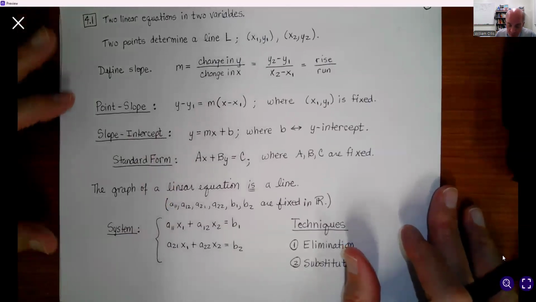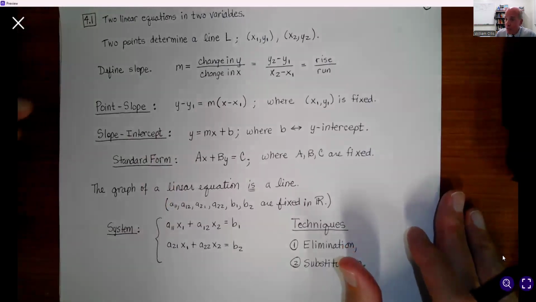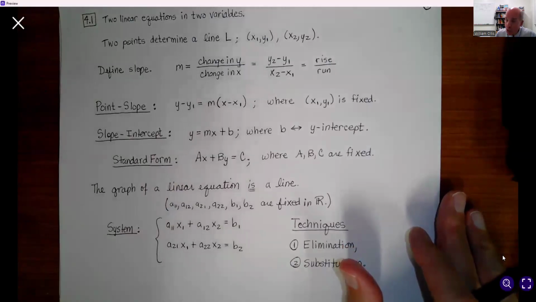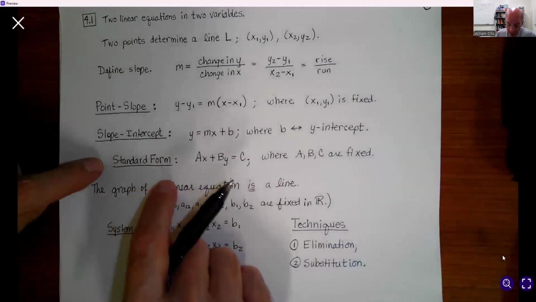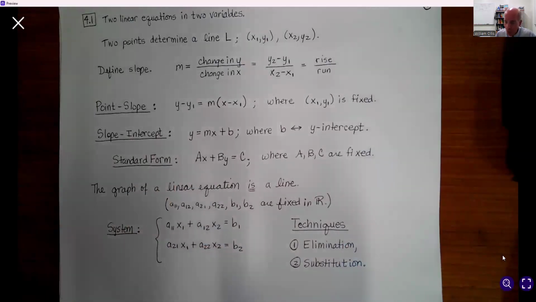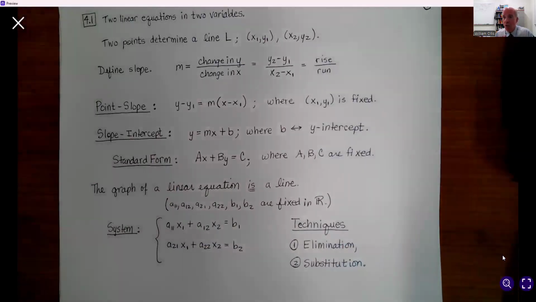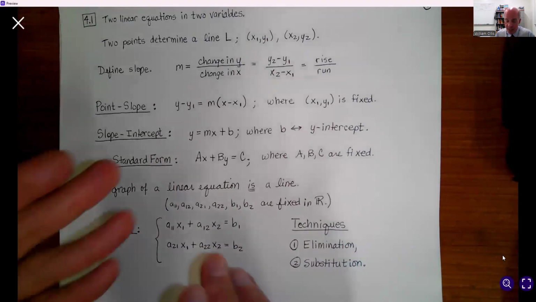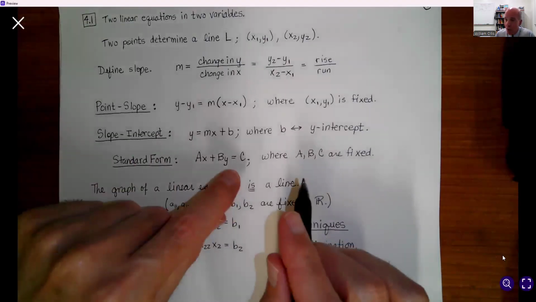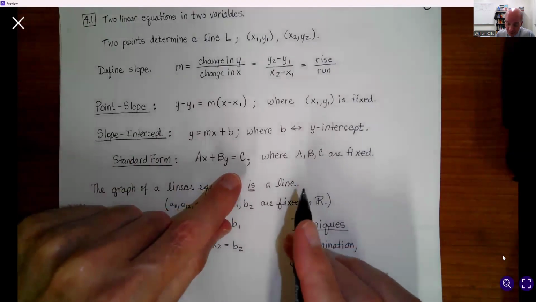Now, though these are very useful when it comes to graphing, usually when we have systems of equations, they're in the form that I've listed here last, called the standard form, which means that all of the variable terms rest on one side of the equation, in this case, the left-hand side, and then all constants are on the right-hand side.